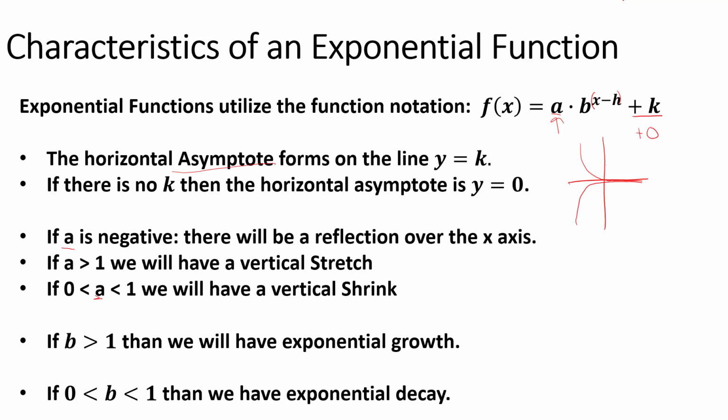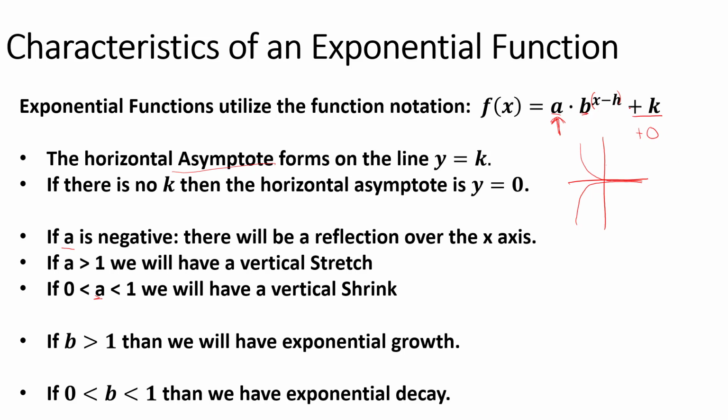Now, we've got to balance our understanding of shrinking and stretching by a particular scale factor with growth or decay as expressed by the value b. Because remember, the larger the value of b, the faster something will grow.